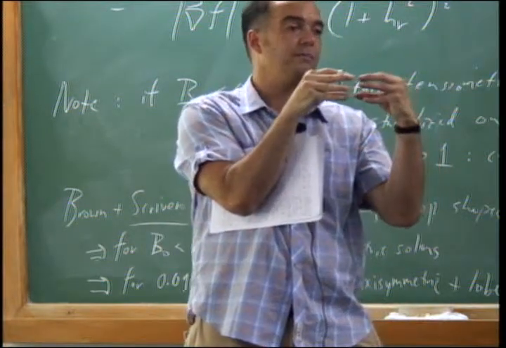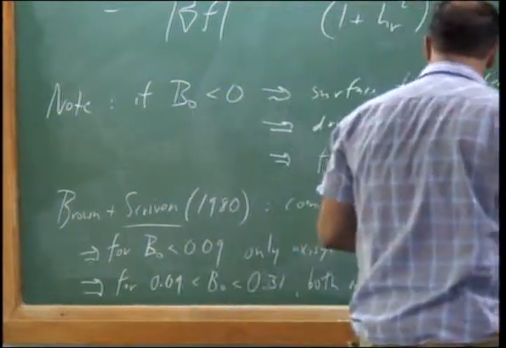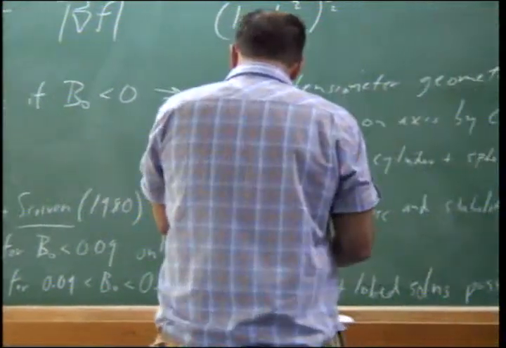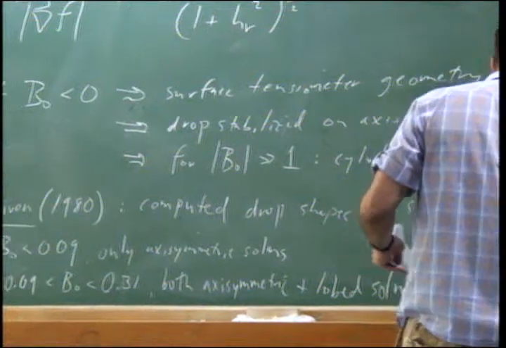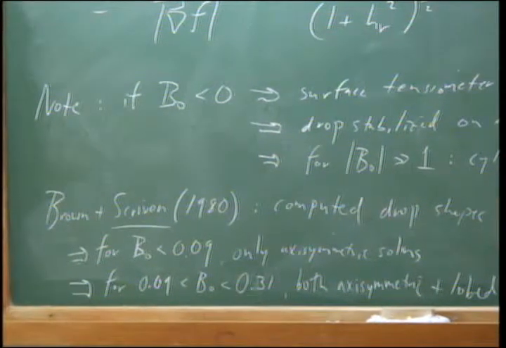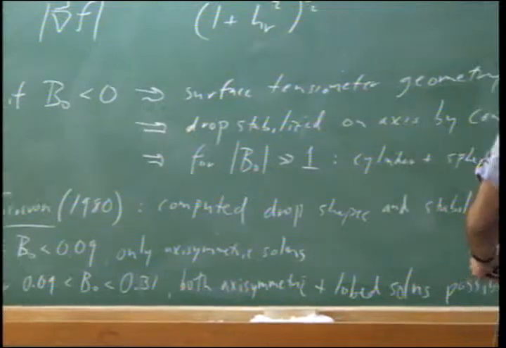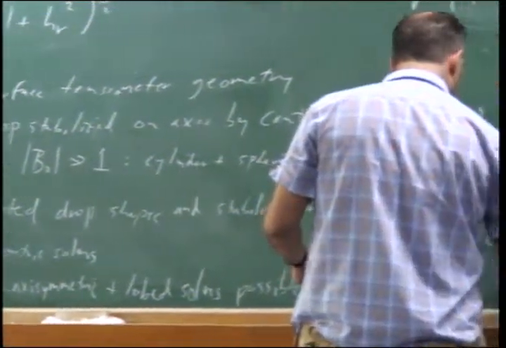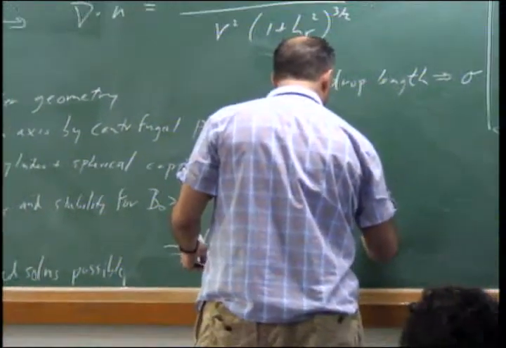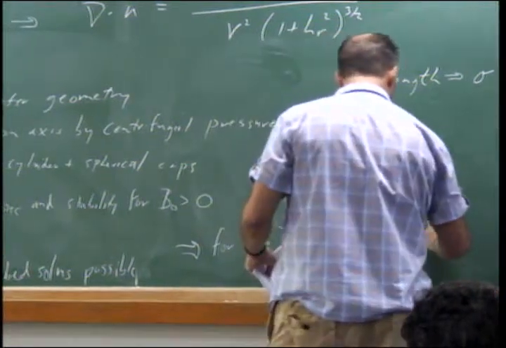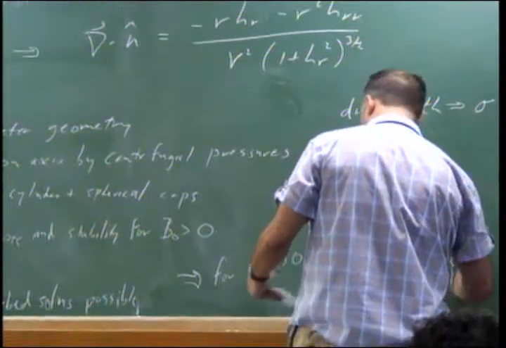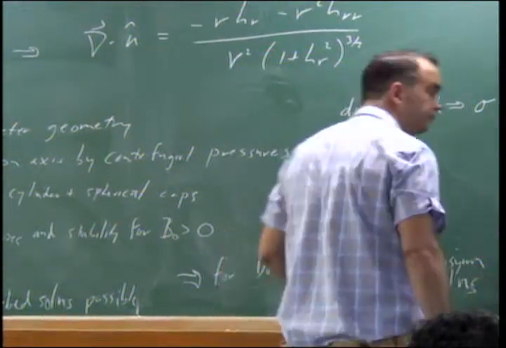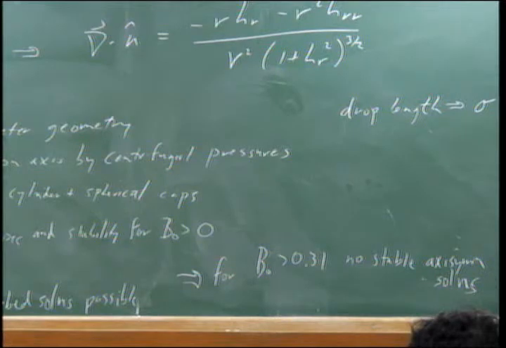They basically look like, imagine a peanut, right? And then as the Bond number increases further, okay, so that's effectively what we see here.